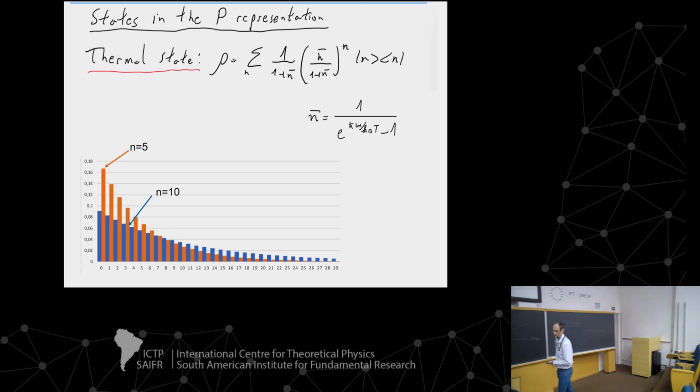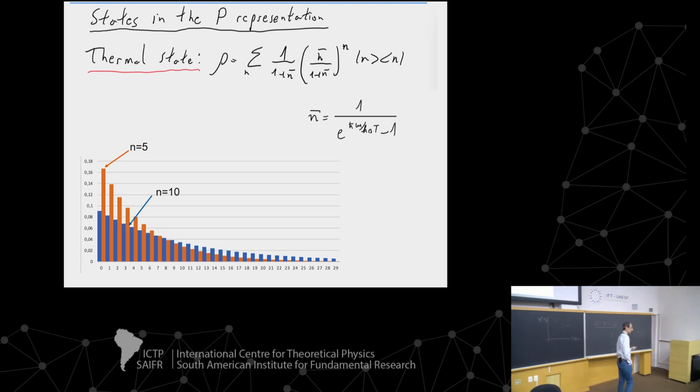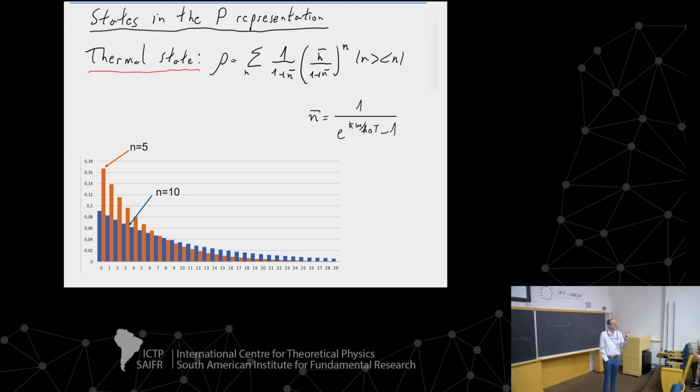Let's take some simple case. I've mentioned the case of thermal states last class, but here let's see the highest entropy case, the most mixed state that you can have. That's just the thermal state.